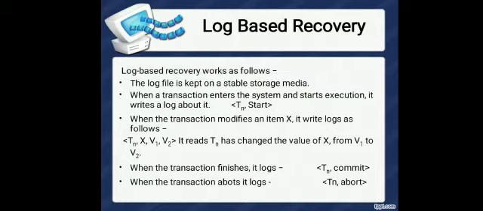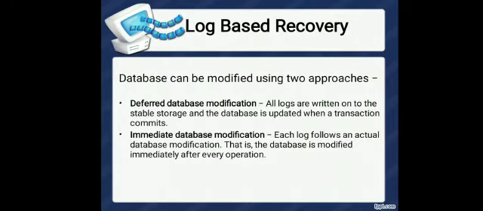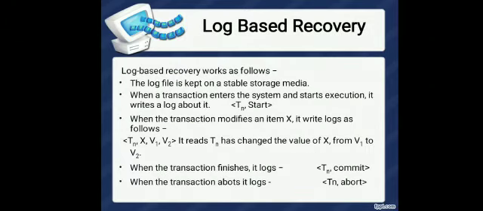There are some more transaction commands found in log records. The log file is kept on stable storage media. The transaction commands are Tn comma start, Tn commit, and Tn abort.